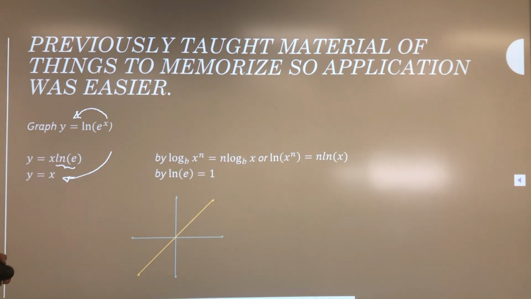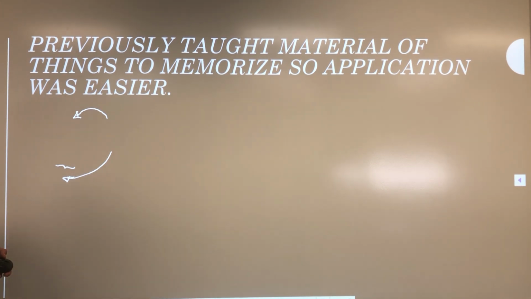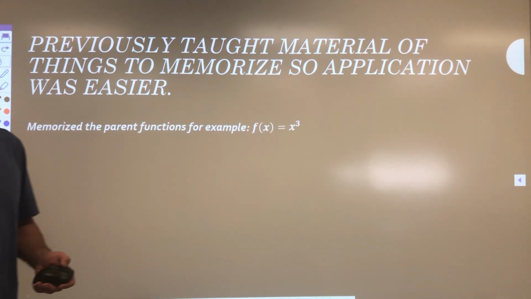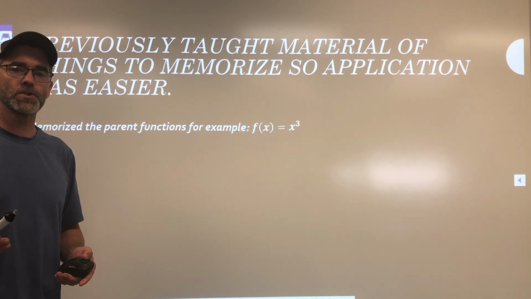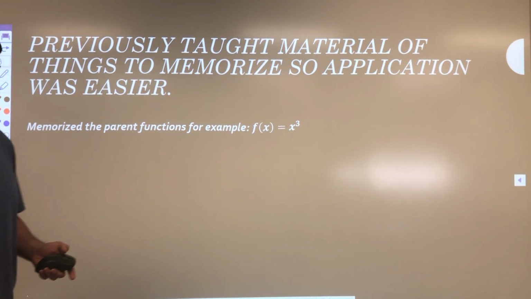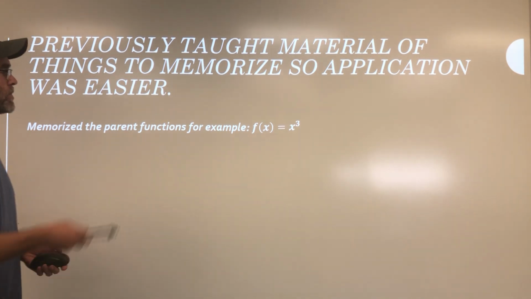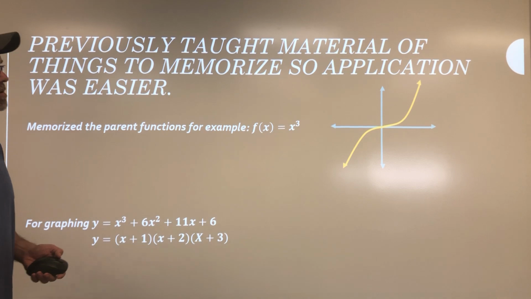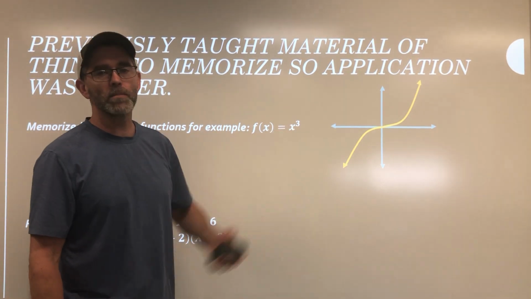Okay? So let's look at something else I asked you to memorize in semester 1. I asked you to memorize the parent functions, I think there were 12 different parent functions that we memorized, and one of them was f of x equaling x to the third power. So what did that look like? Well, that looked like that. And why did we memorize that?